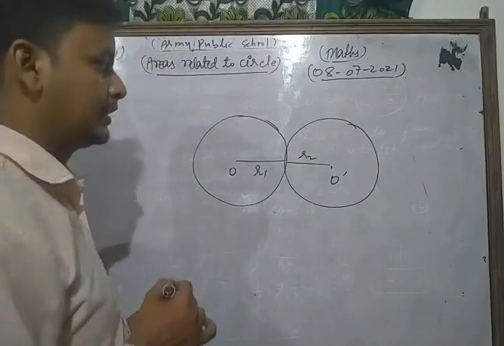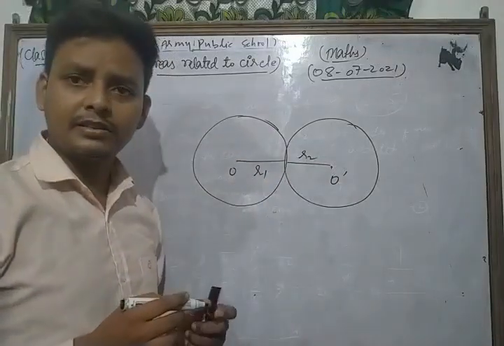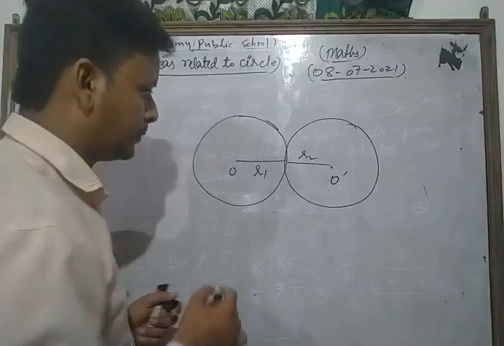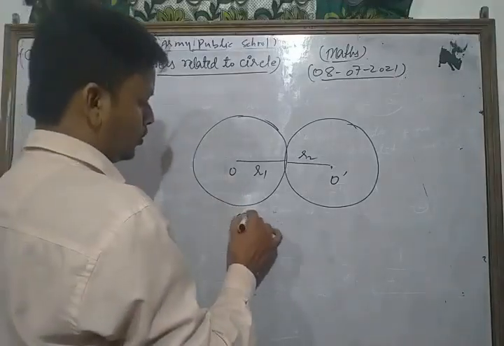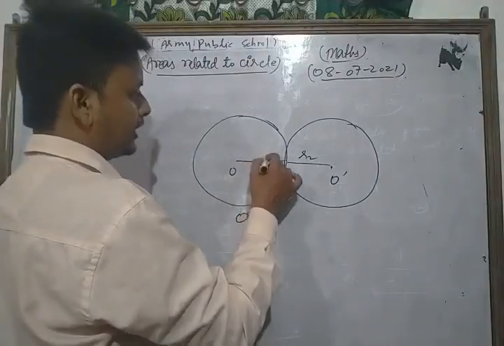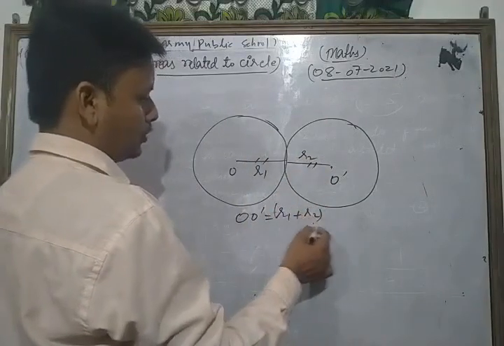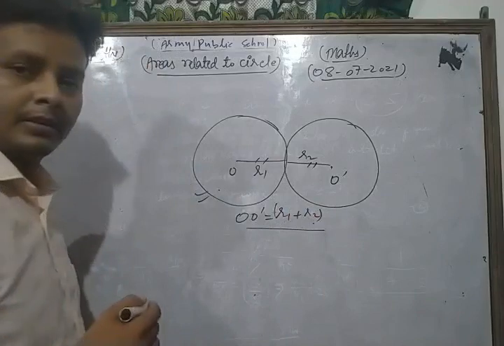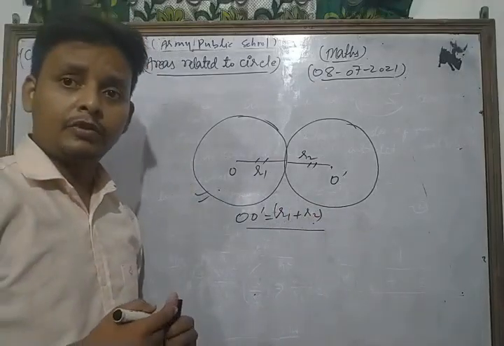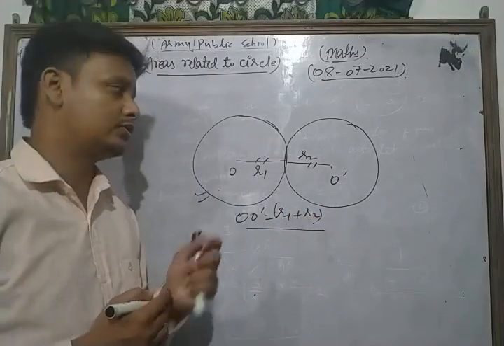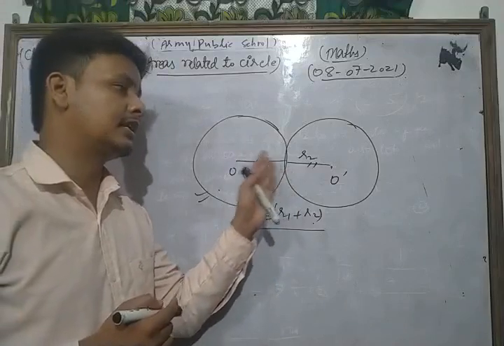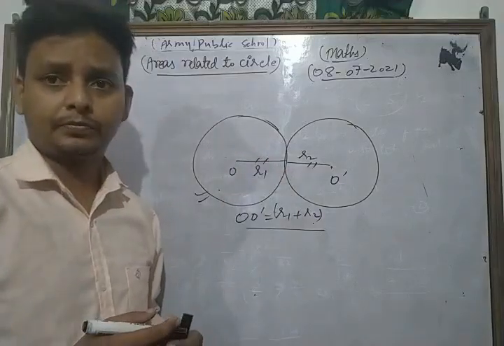Then the distance between their centers OO dash is equal to the sum of the radii of the two circles, that is r1 plus r2. This is the concept of that figure, when two adjacent circles touch externally.